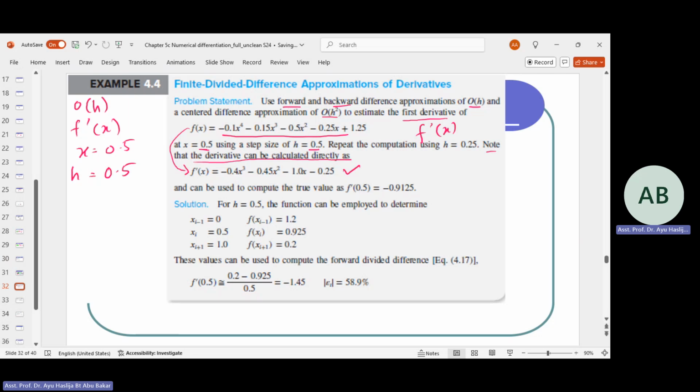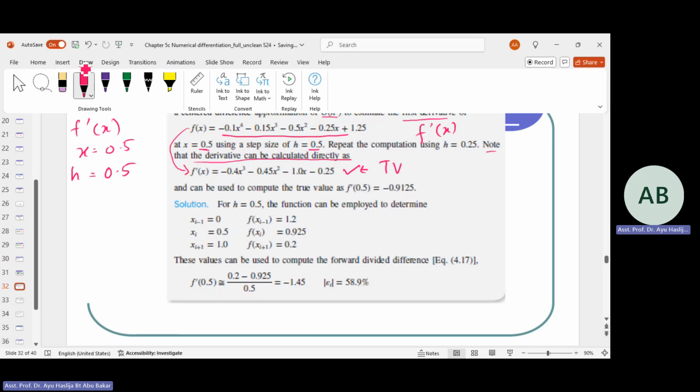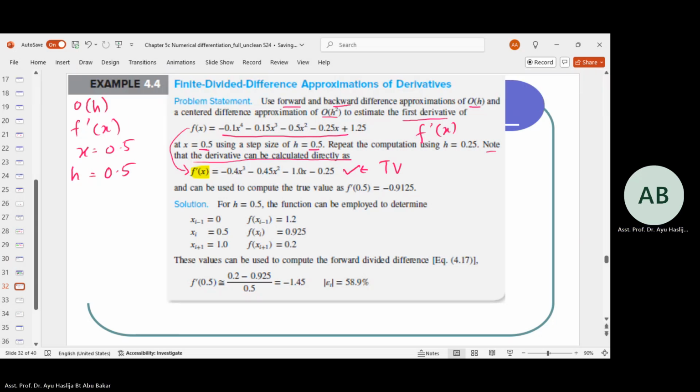So when you sub your x into here, you will get the true value. Then another point: this equation I highlighted is directly differentiated from the main equation. This is the main equation.